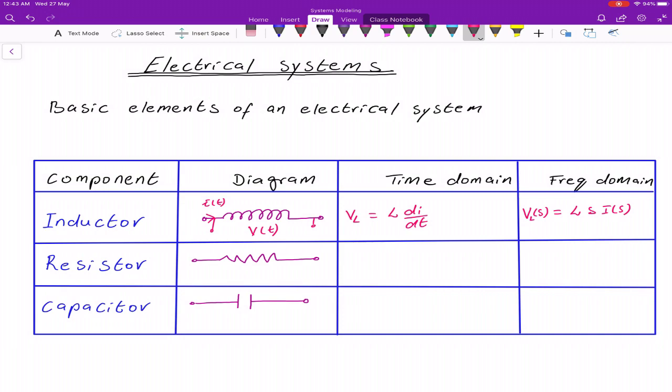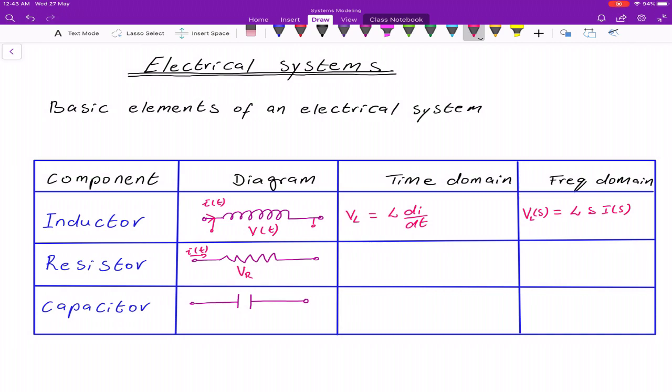And our next component is the resistor, and let's assume that we have our current going in there. The voltage drop across our resistor is V_R.